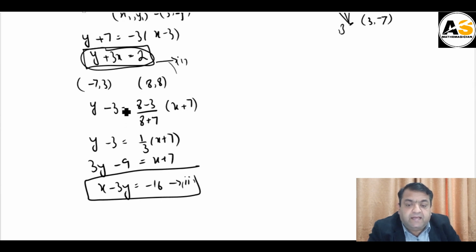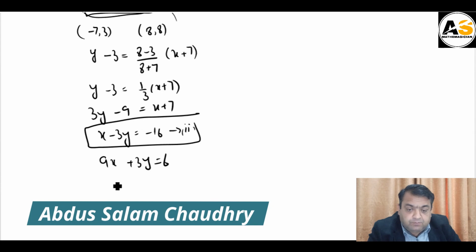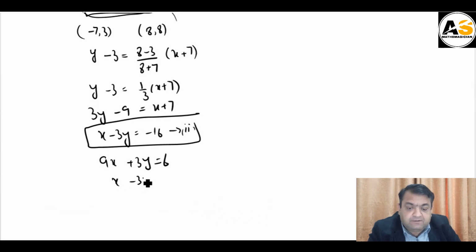For that, I need to eliminate y. I will multiply this equation by 3. 9x plus 3y is equal to 6, and add it to equation 2, x minus 3y is equal to minus 16. By doing so, 10x is equal to minus 10. x will be minus 1.